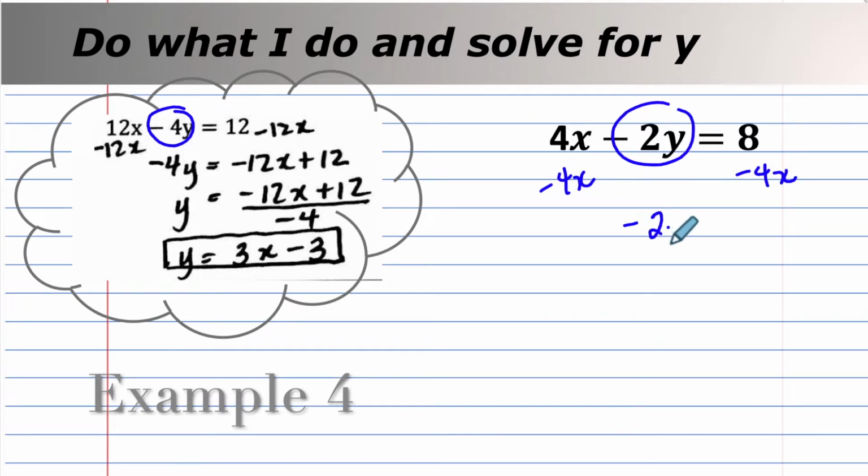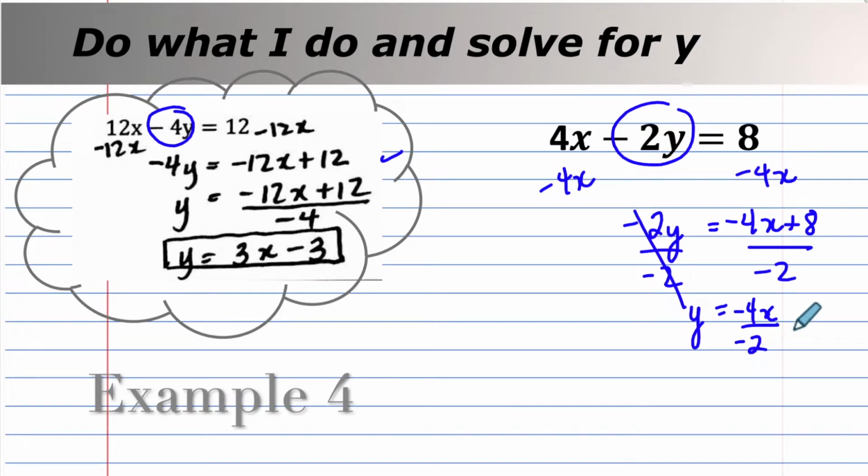We have a negative 2y equals negative 4x plus 8. So that step's done. Now divide by negative 4 on both sides. So here we'll divide by negative 2 on both sides. Y is equal to, I think I'm going to show this step I skipped over there, plus 8 over negative 2. So I have y is equal to 2x minus 4.